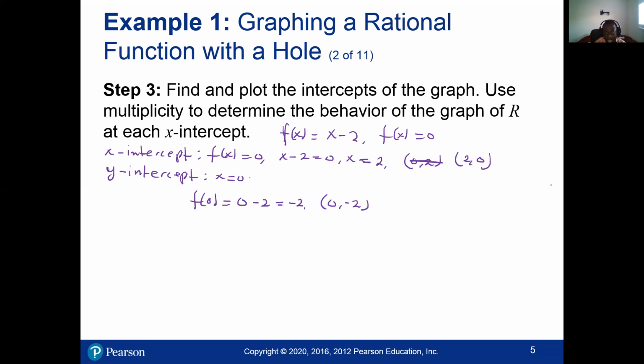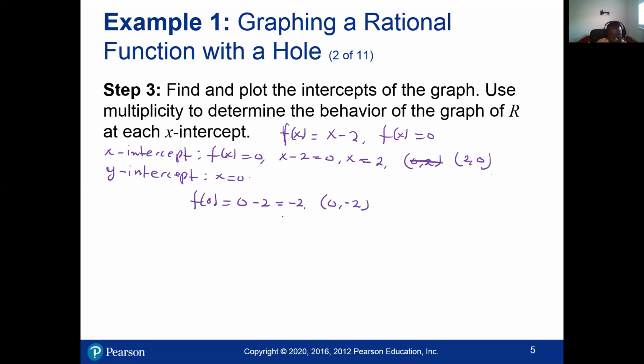Okay, and it says to use multiplicity to determine the behavior of the graph of the rational function at each x-intercept. In this factor, this is a line. So what is the behavior at this point? The x-intercept has a multiplicity of 1.